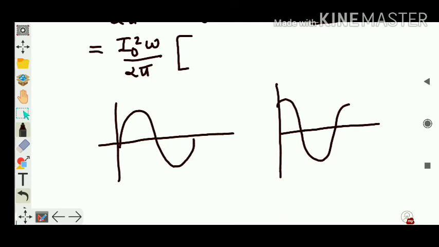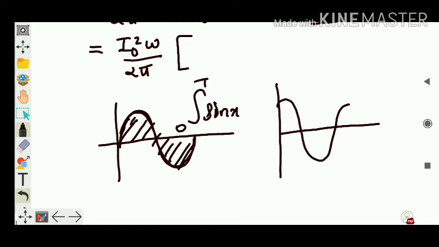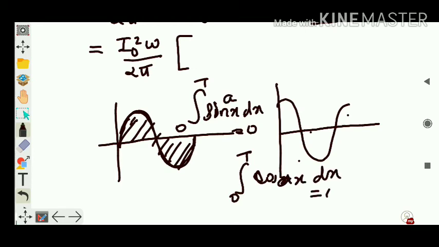For one cycle, from this to this end, the average, or I can say the sum, of integral of sine x from 0 to T for one time period dx is equal to 0. That is something you have to remember. Similarly for cos, for one cycle, integral of cos ax dx is equal to 0.